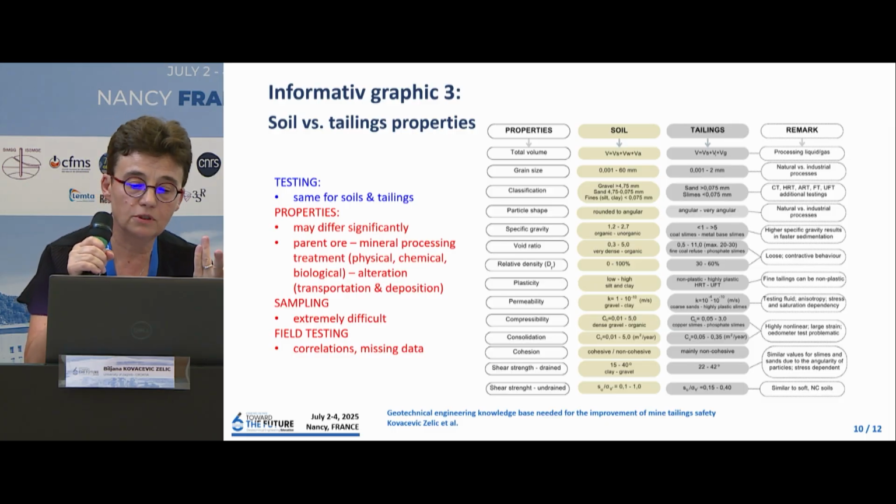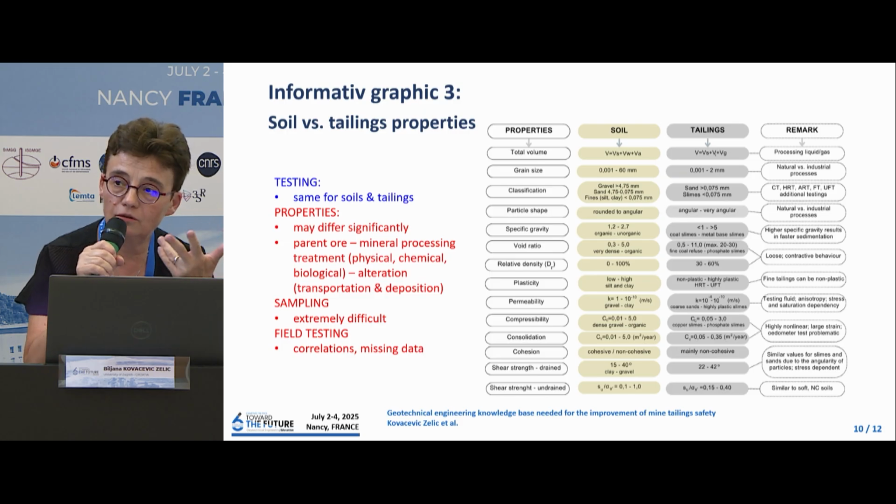Then on the mineral processing treatment, as I already told you, there are physical, chemical, biological methods. Sometimes they are using strong chemicals. And then alteration afterwards during the transportation and deposition in tailings storage facilities.